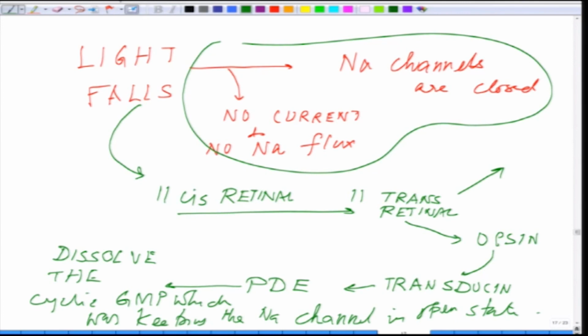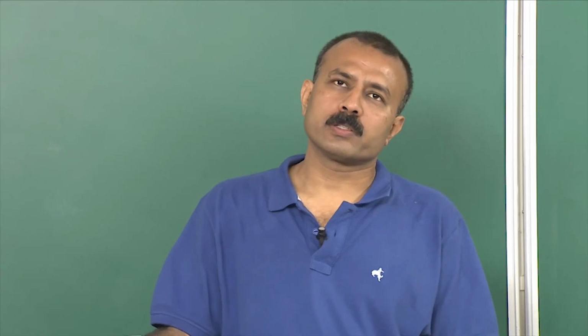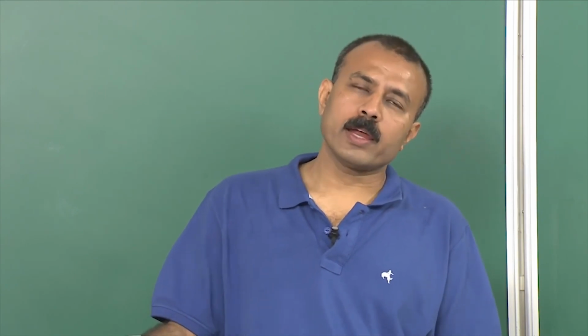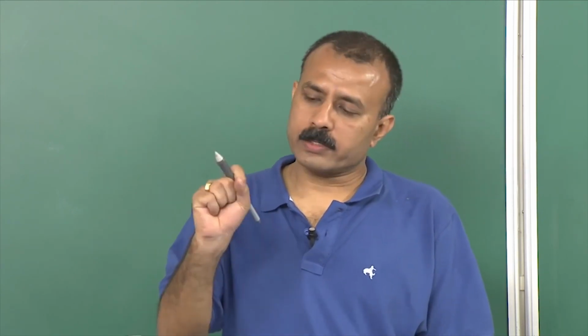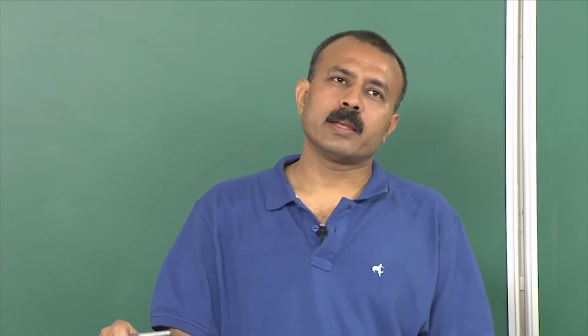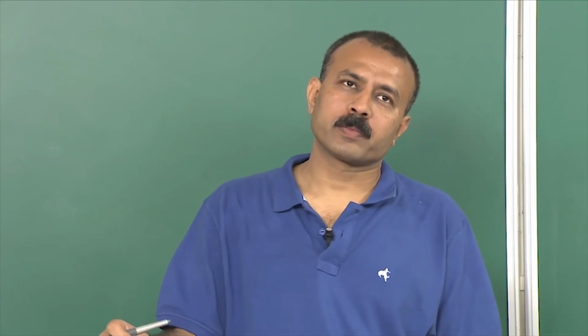This is exactly what is happening in this whole process of signal transduction within the rods and the cones, where when the light falls, the electrical signal ceases, and when the light is not falling, the electrical signal passes on.